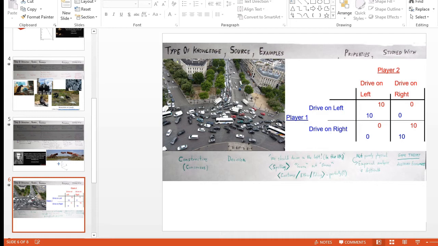Still, I do think constructive knowledge is such an interesting, different type of knowledge from mathematical or empirical knowledge, that it's worth having a few more examples. The whole of spelling or language is constructive knowledge. So, for example, the fact that we should spell the colour green in English "green" and not "grene" is purely constructive.